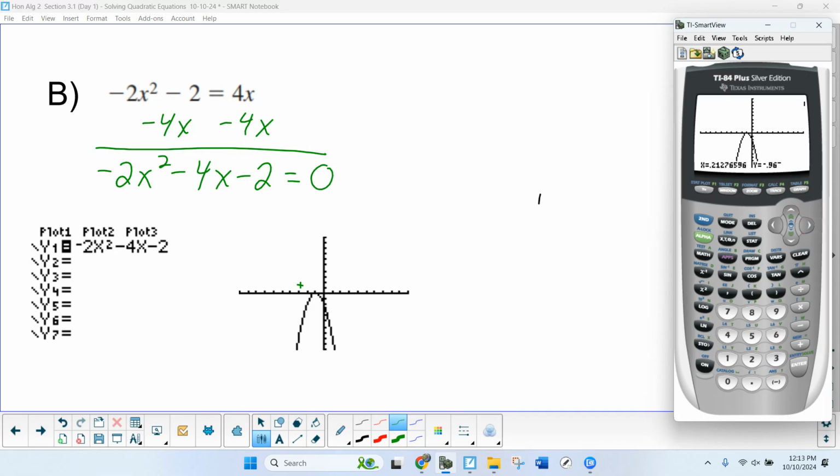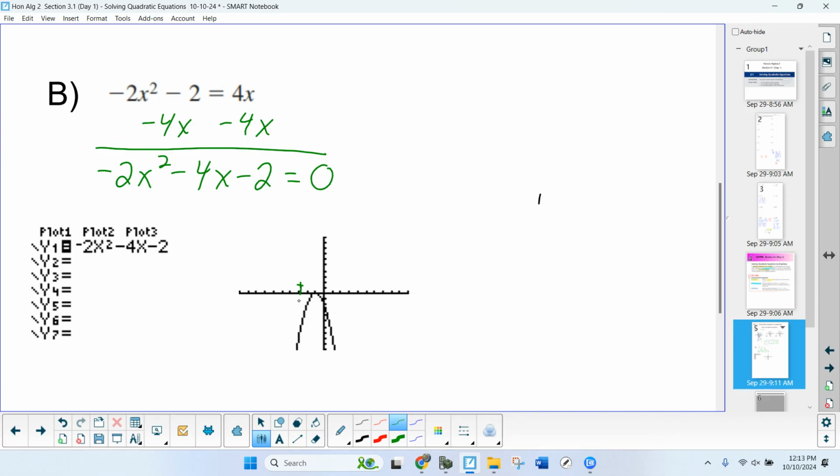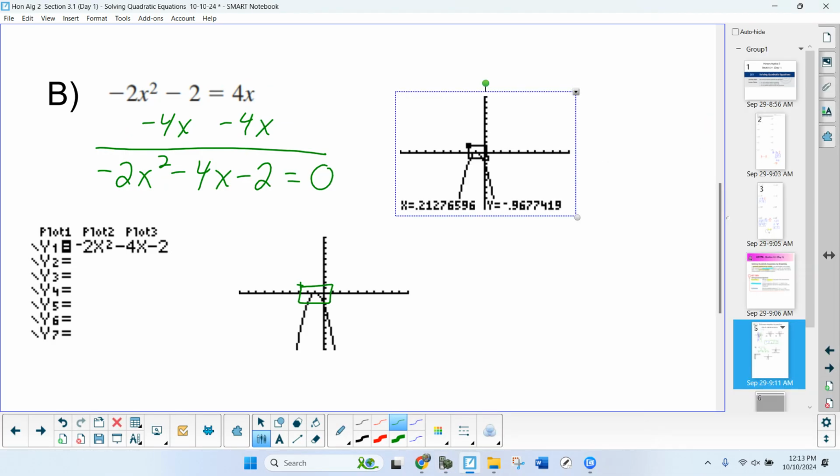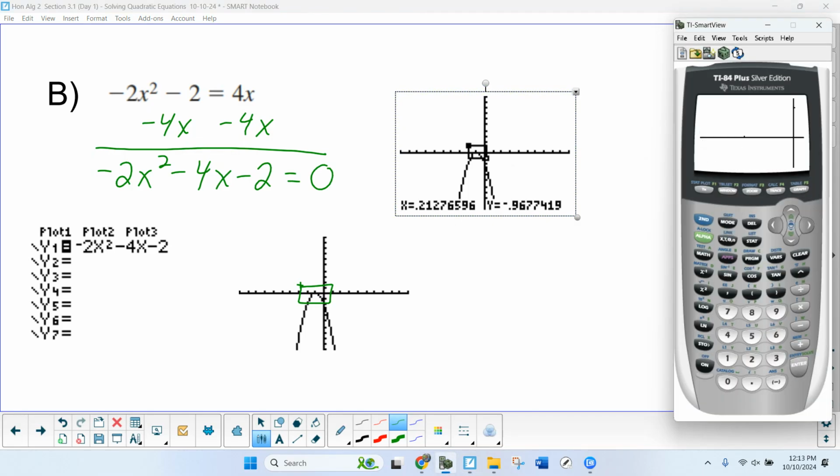I am creating a box, and once I hit enter and get that box the way I want it, that box is now going to be my new window. Does that make sense? So I just did a zoom box.